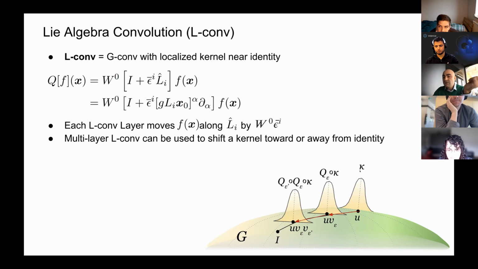Similarly, if you have a kernel that's far away from identity, you can write it as a multi-layer version of these layers of the basic layer, so that the kernel that's far away from identity slowly moves towards identity and becomes the basic layer that we had in the previous state.